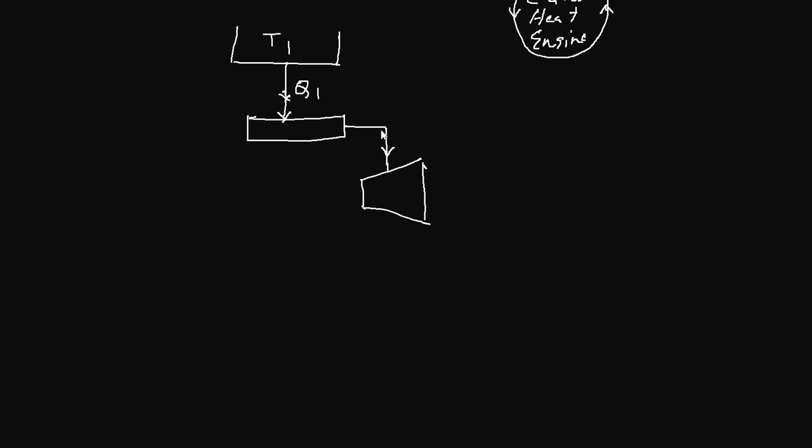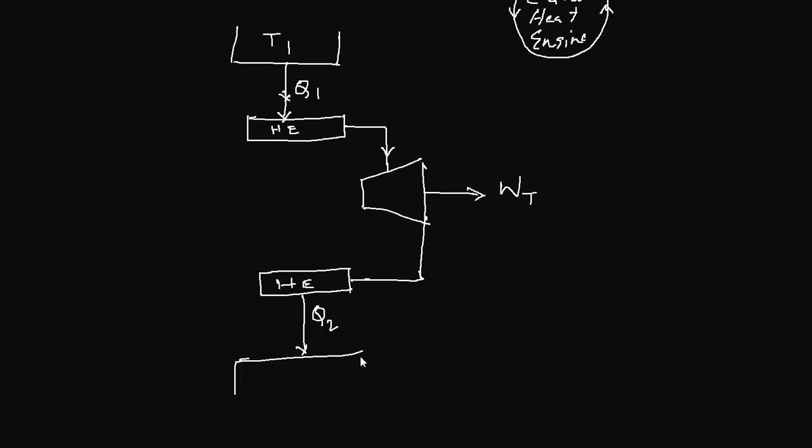So you have steam coming through the heat exchanger and passing through the turbine blades, generating turbine work. At the exit of the turbine you will have another heat exchanger which rejects heat Q2 to a sink at temperature T2.